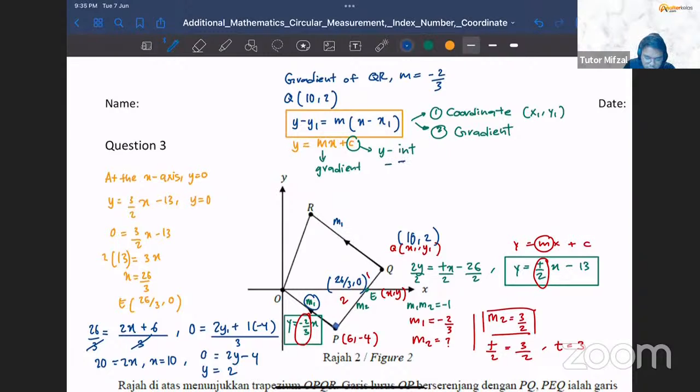Now, to find y-intercept, your x must be equivalent to 0. So y-intercept x equivalent to 0. Then you solve for the value of y. You solve for y.